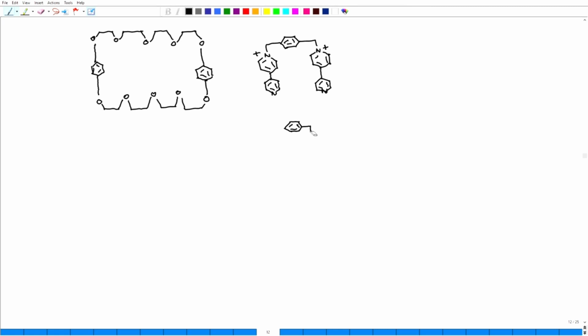Maybe I will write at the top. And what is the condition? The condition is acetonitrile solvent, at room temperature, 2 days, and then you also use ammonium hexafluorophosphate.